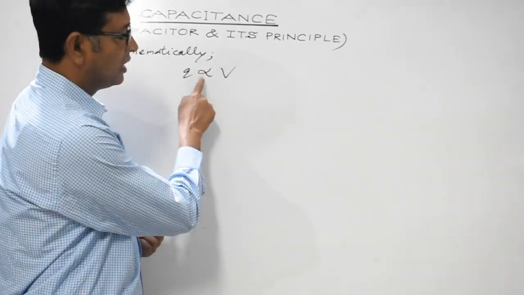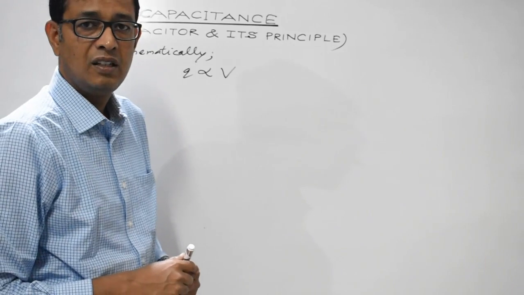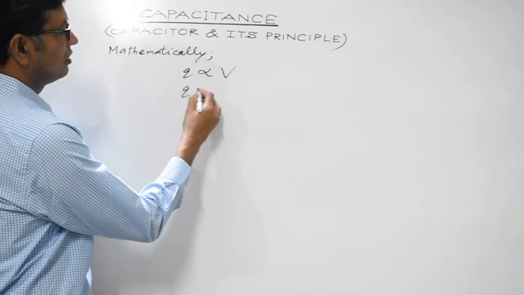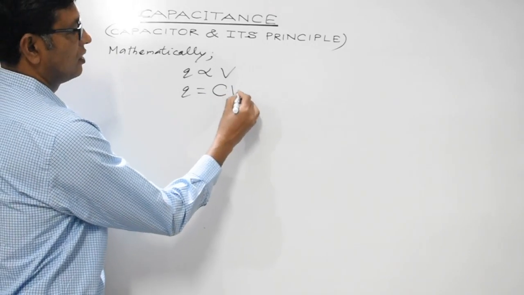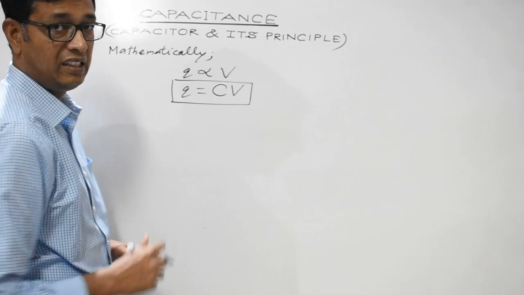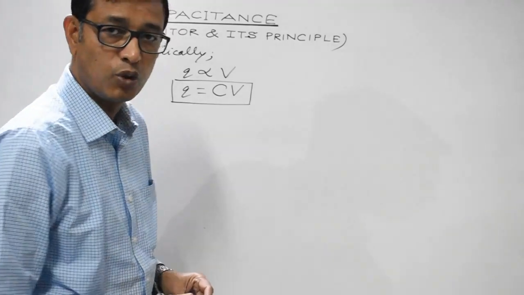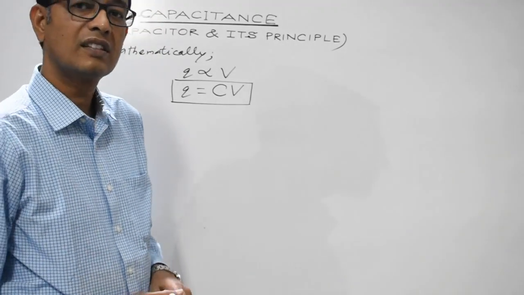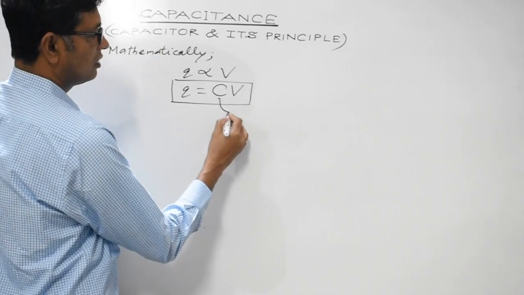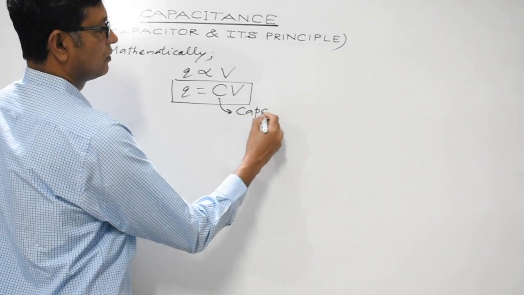Now in order to eliminate this proportionality sign, we need to introduce some constant. So in this case, the constant is C. Block letter, capital letter C. This C, which is the constant of proportionality, is known as capacitance of the body under consideration. So this C is known as capacitance.